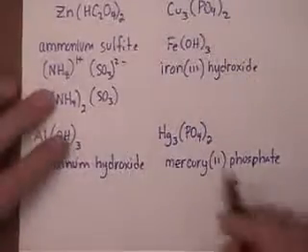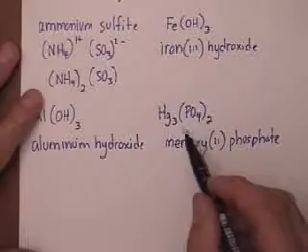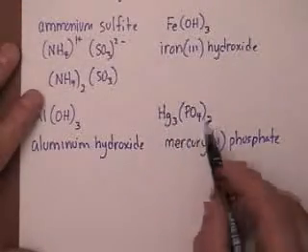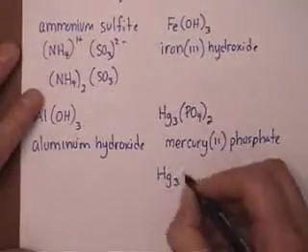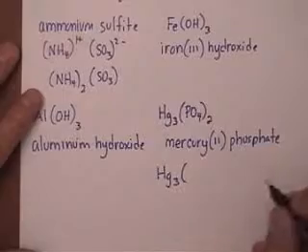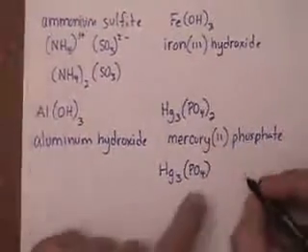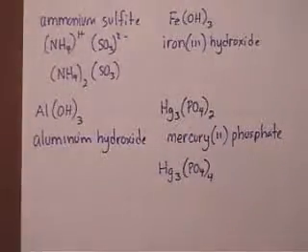Okay? Now, I just want to point out a little bit of a trick for you here. Not all the stock numbers are actually listed. So if I would have given you this exact same question, I'm going to write it even below. Hg3. And if I told you my polyatomic ion was PO4, and I told you the charge was something other than what is on the back sheet here. Let's say I said it was a 4.